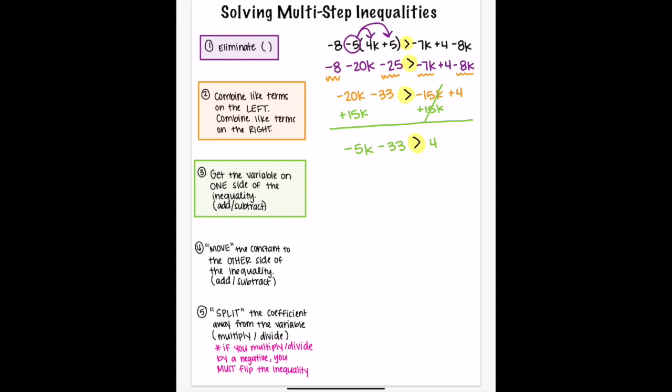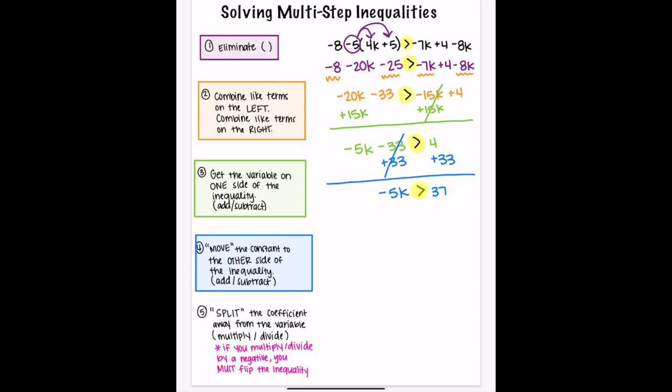So now what we can do is move the -33 away from the k. So add it, since that's the inverse, we're going to add it on both sides. So +33 plus 33. And now we simplify. Bring down the -5k, bring down the inequality symbol, and then 4 plus 33 is 37.